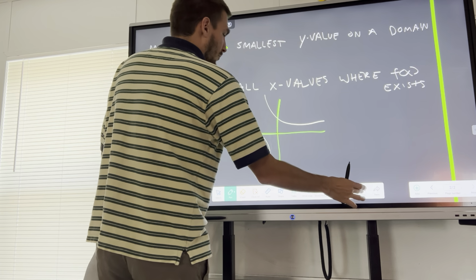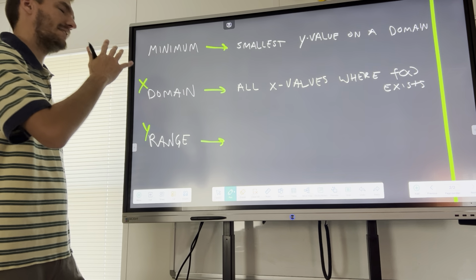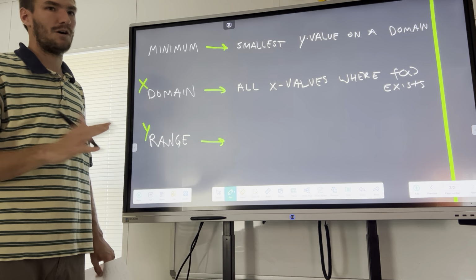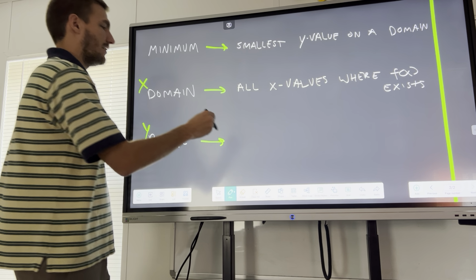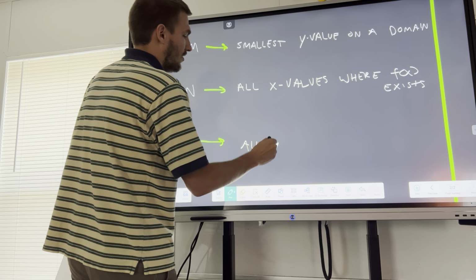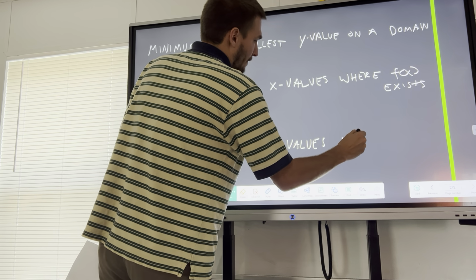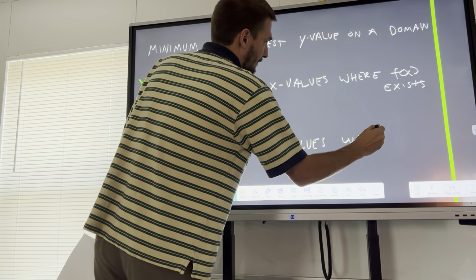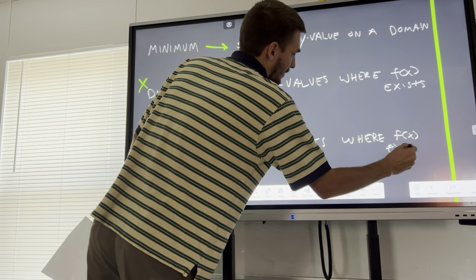So we will be working with harder examples and harder graphs, and the days of the domain pretty much always being all real numbers are behind us. And the range, I hope you've already written it, are of course all y values where f of x exists.